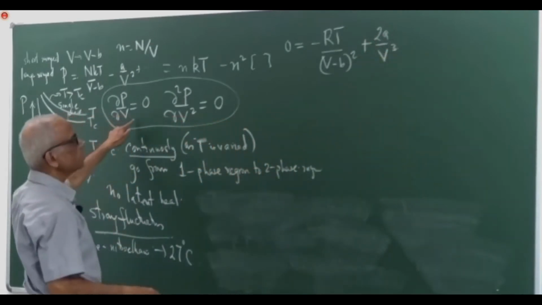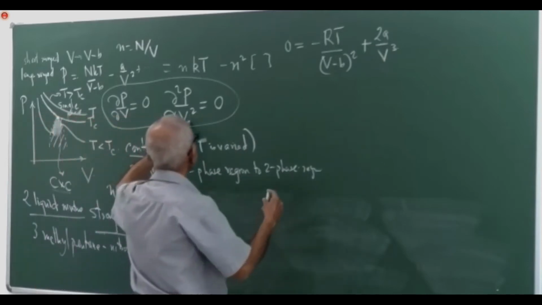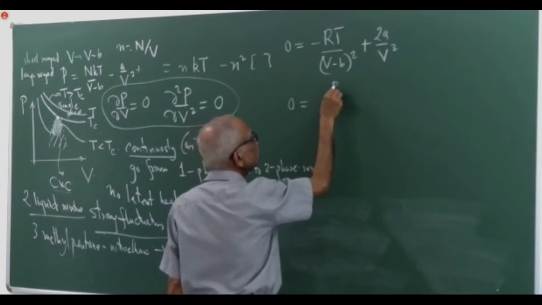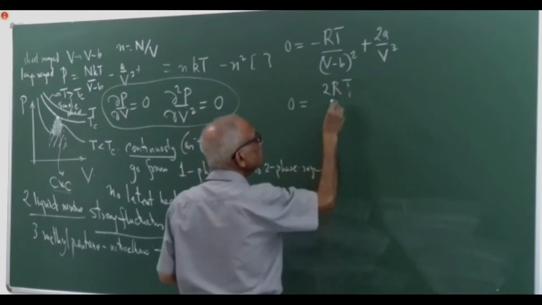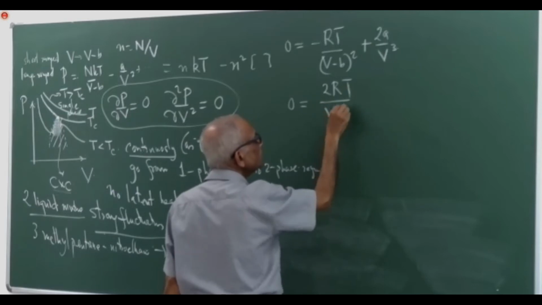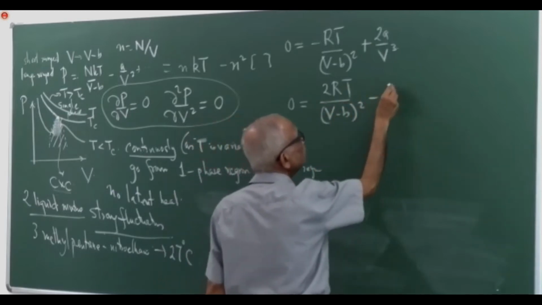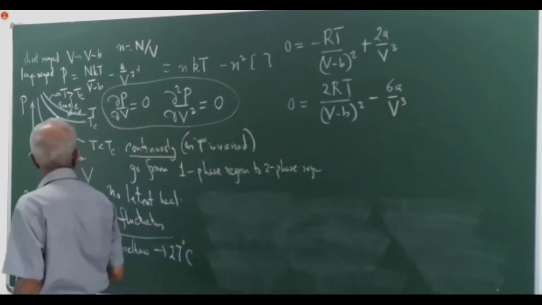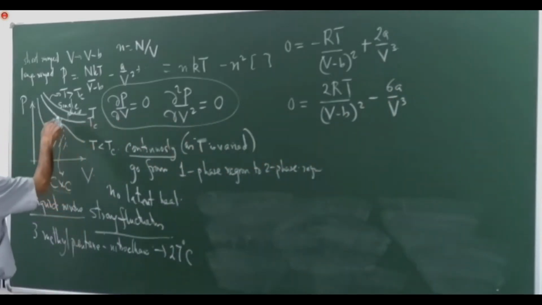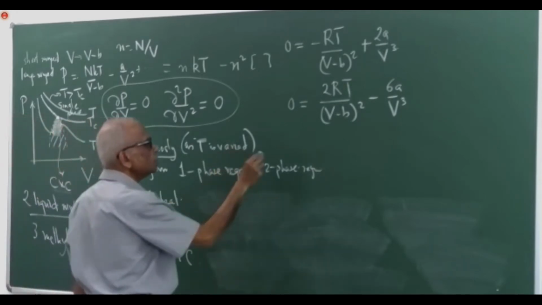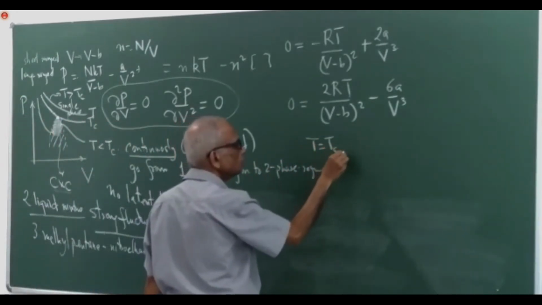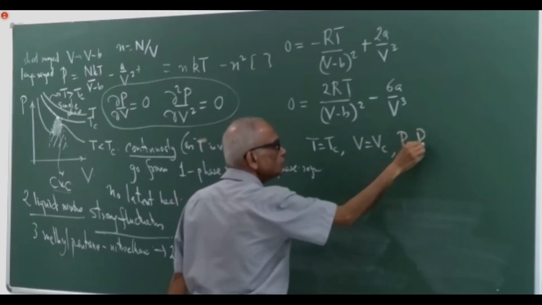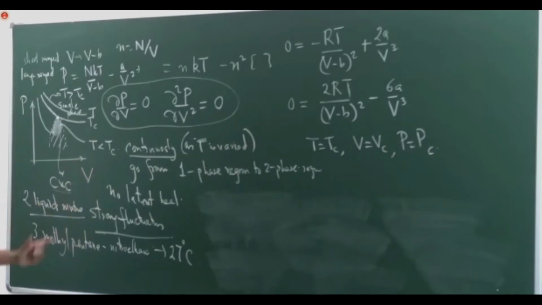So that is for del P del V equal to 0. And then another derivative that is equal to 0. So it is 2RT divided by (V minus B) cubed minus 6A over V to the fourth. And where is it 0? It is 0 at this point over here. The point is T equal to Tc, V equal to Vc, P equal to Pc. So that is the critical point.